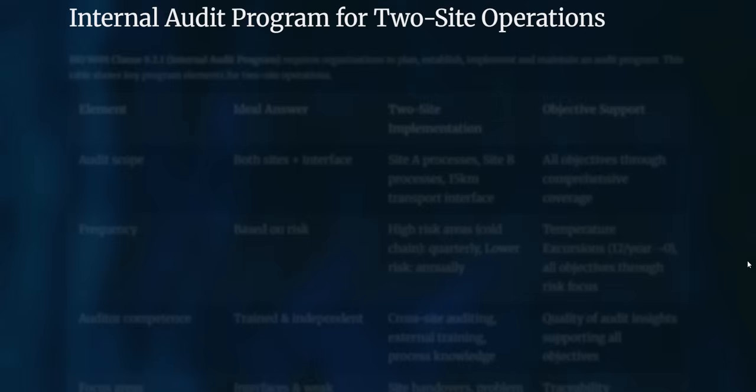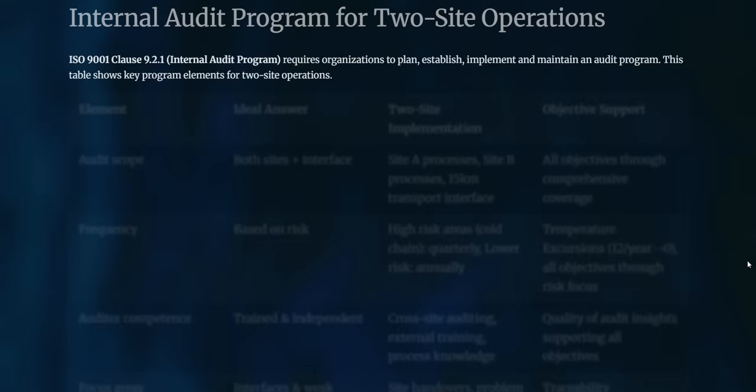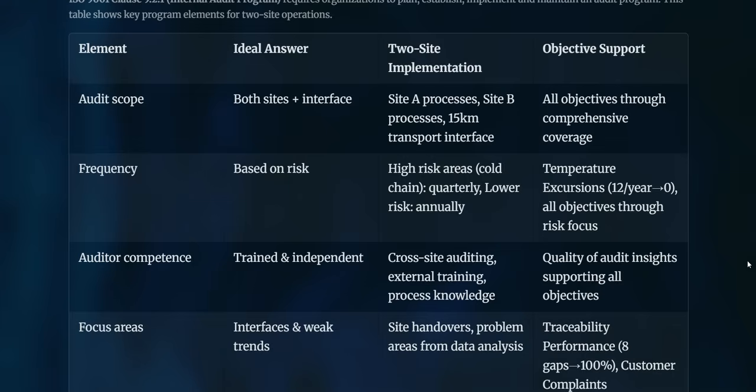Internal audit programs for two-site operations. According to ISO 9001 Clause 9.2, internal audit programs require organizations to plan, establish, implement, and maintain an audit program. This table here from our Global Meat House shows key program elements for two-site operations, and you can replicate that in your own organizations.